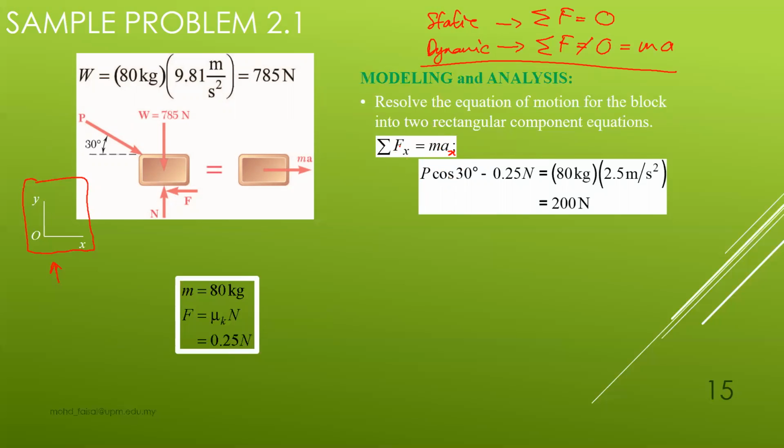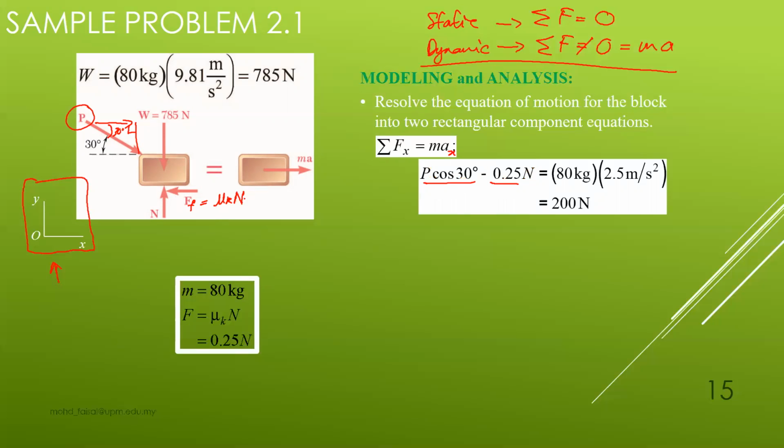In the x-axis, we can see that we have this P going that way at an angle of 30 degrees. So it is P cos 30 degrees, and then minus this, which is your F_f, which equals mu_k times N. Mu_k is 0.25, N is the normal force.